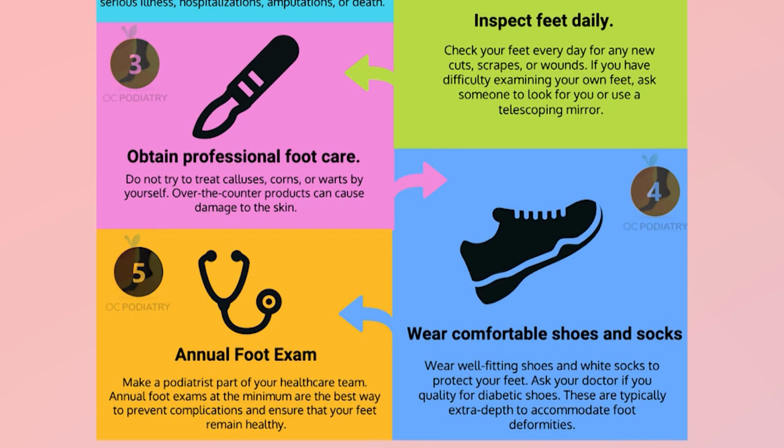And if you can't see your feet, get someone to look at them or look at it in a mirror. It's very important that if you have a wound or a problem that you address it immediately, as soon as possible. The longer you wait, the more difficult it will be for it to be healed. So you want to make sure you see the problem as quickly as possible.